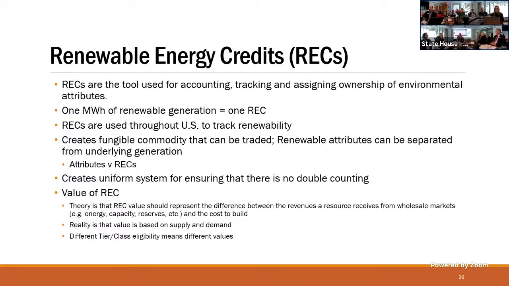Now, with net metering, the utility has to retire those credits, so they're required to retire that. So I think there's still an argument that generation is renewable, but your constituent doesn't have the right to do anything else with it because it's already gone to the utility.